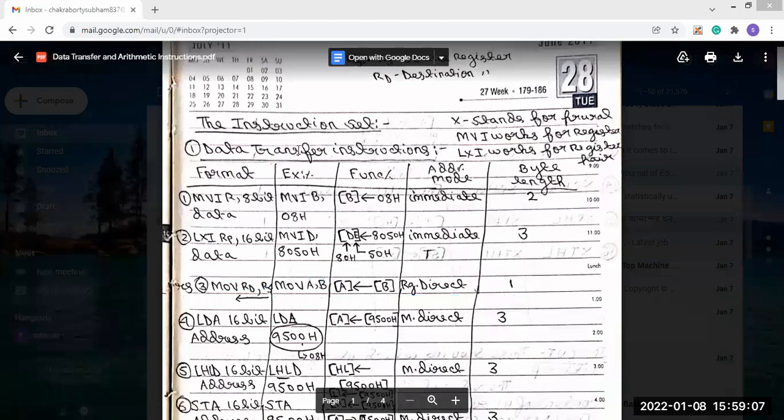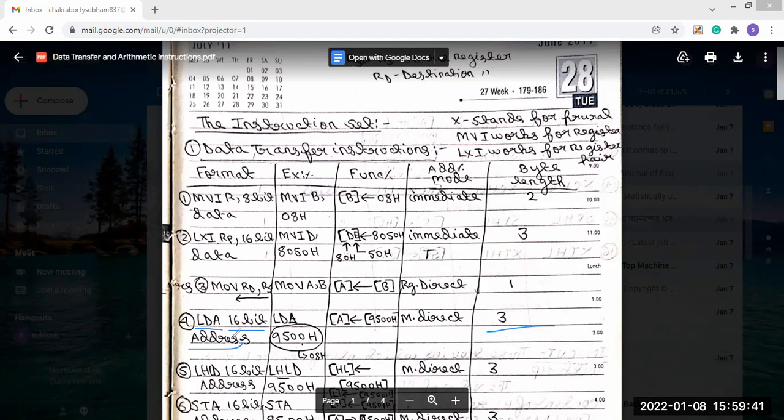The next we have is LDA. LDA we already know: load accumulator, and a 16-bit address should be mentioned. From seeing this 16-bit address, we can say that the byte length will be 3 bytes, because if any 16-bit data is present, that will be 3 bytes. And this 16-bit address will contain a memory location.